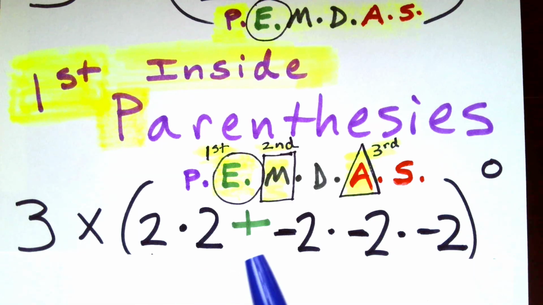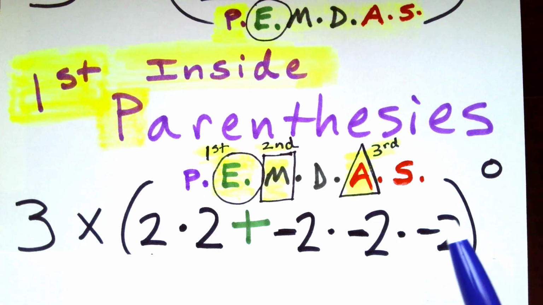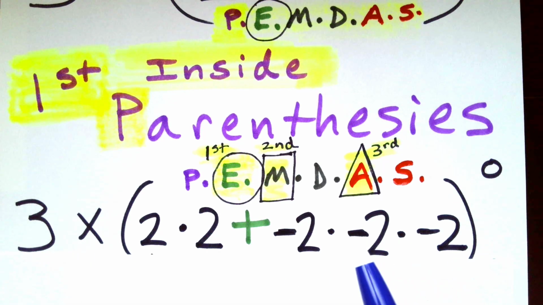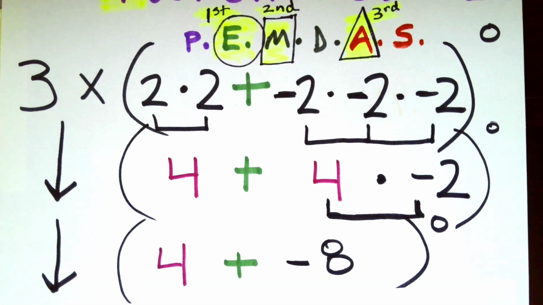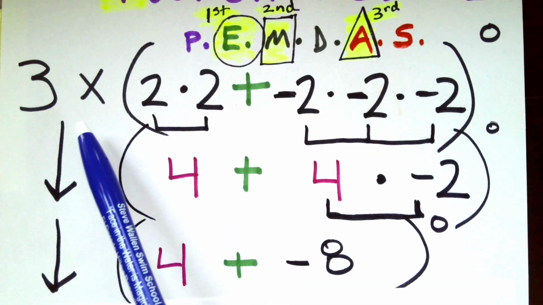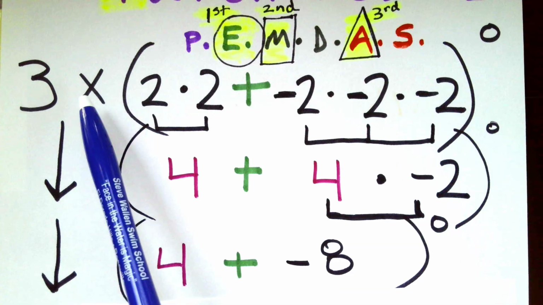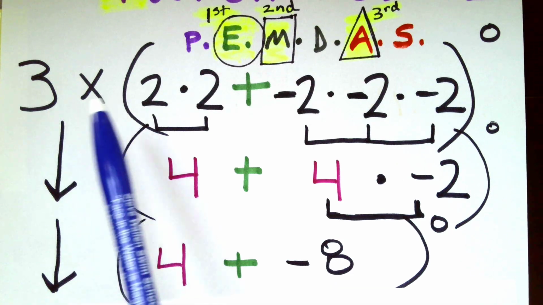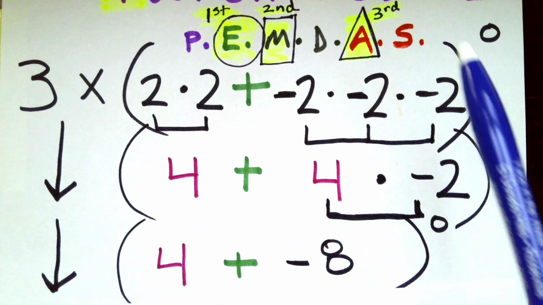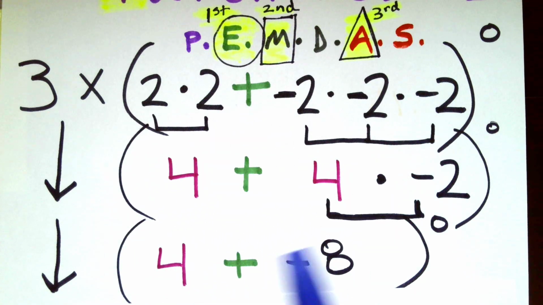2 times 2 is 4. Plus 2 times 2 times 2 is 8. And a negative times a negative is a positive, times another negative is a negative 8. Let's take a look at that. And by the way, I'm bringing down the 3 and the multiplication symbol each and every time. I'm not worried about what's outside the parentheses. Right now, I'm only working and simplifying inside the parentheses.